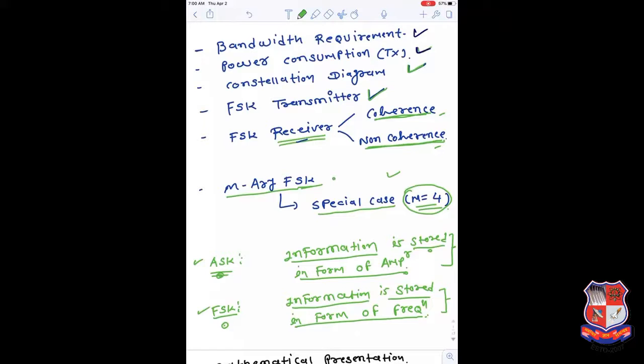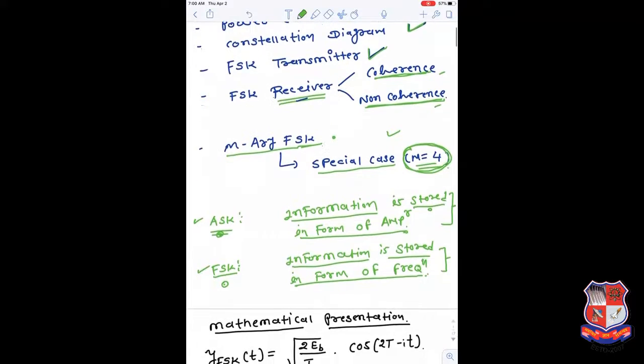In M-ary FSK signal we will consider the special case of FSK signal where M is equal to 4. In our earlier discussion we have learned that in ASK signal the information is stored in the form of amplitude. If there is a bit 1, we transmit the carrier signal. If bit 0, we are not transmitting the carrier signal.